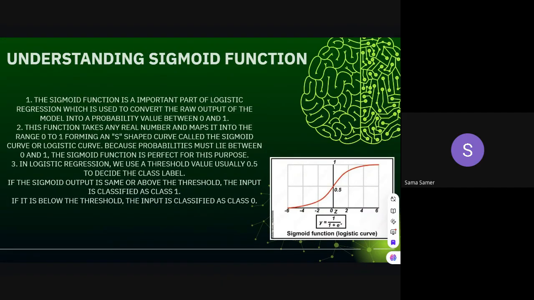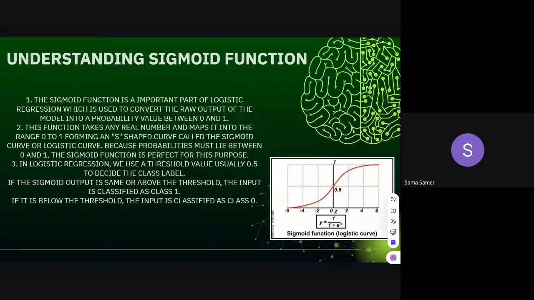So I want to ask a question here. For any problem, is the threshold that I have always 0.5, or does it depend on the problem? Tell me, what do you think?